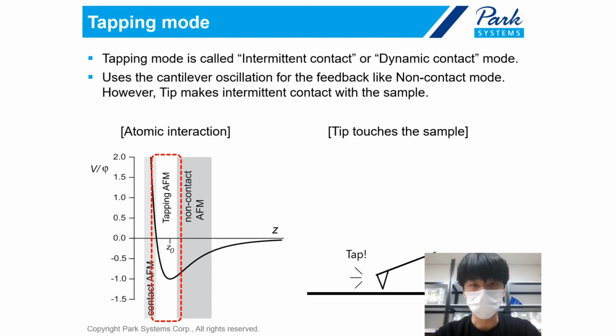So it literally taps the sample, and that is why it's called tapping mode. So once again, in non-contact mode, there is no physical contact with the sample, but in tapping mode, the tip continuously taps the sample surface.